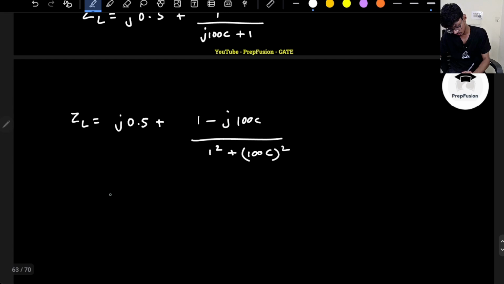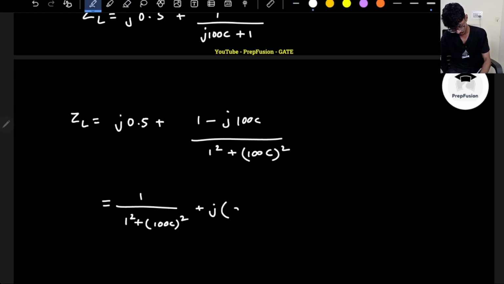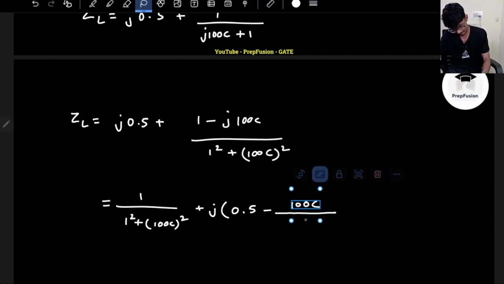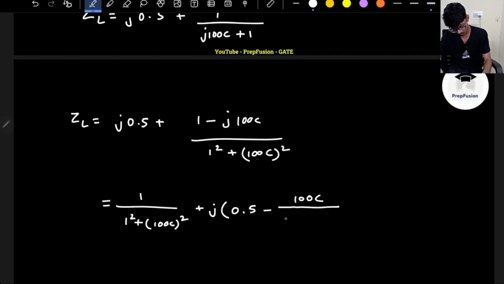So now I can contain the like terms, the real terms, plus J 0.5 into 100 C into 1 square into 100 C whole square.